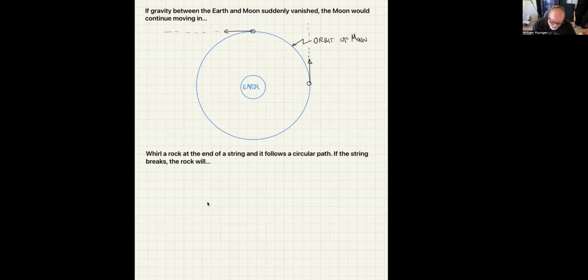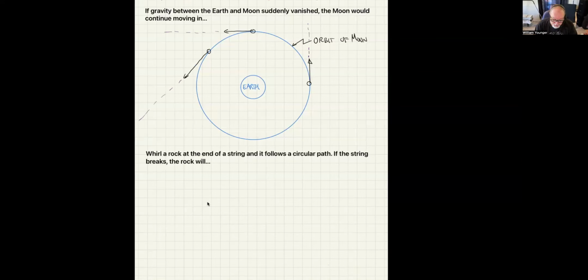These vectors are called tangential to the orbit. These are what we call tangent lines, which just means parallel. I'm drawing arrows parallel to the part of the orbit the Moon is at. I'll draw another one here, and at that point the tangential velocity points this way. If gravity was turned off there, the Moon would continue off in that direction.